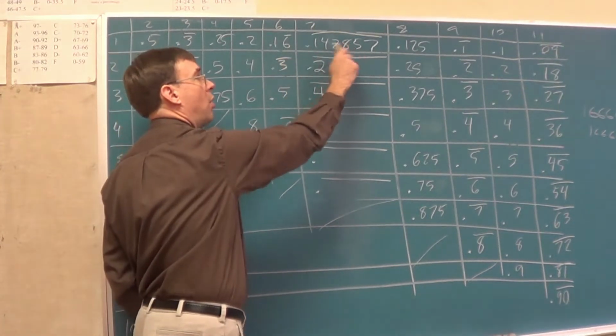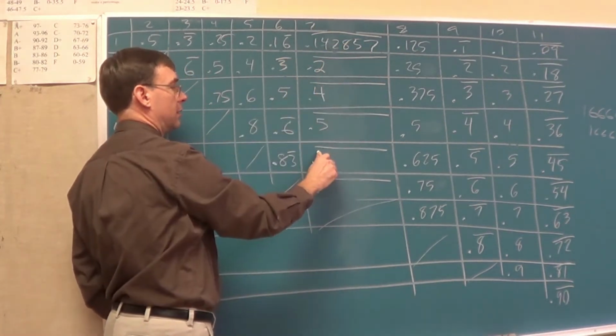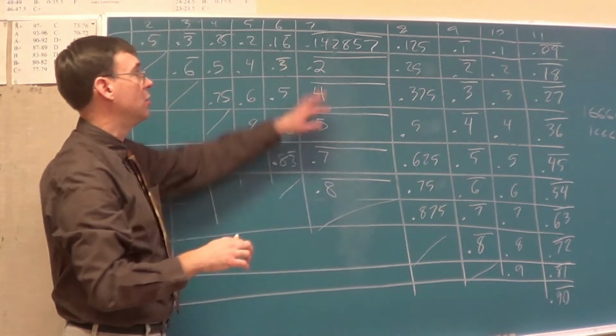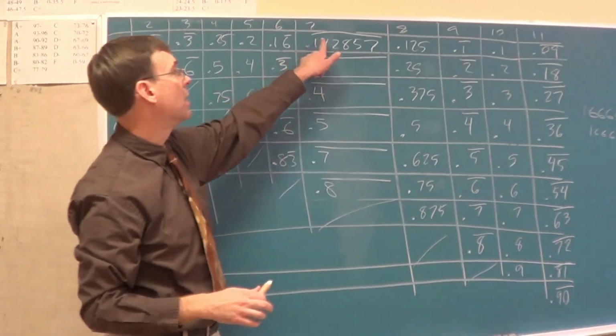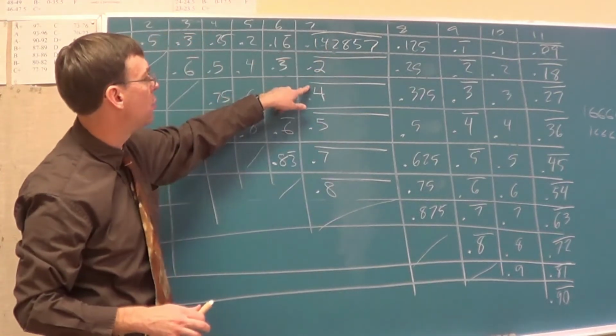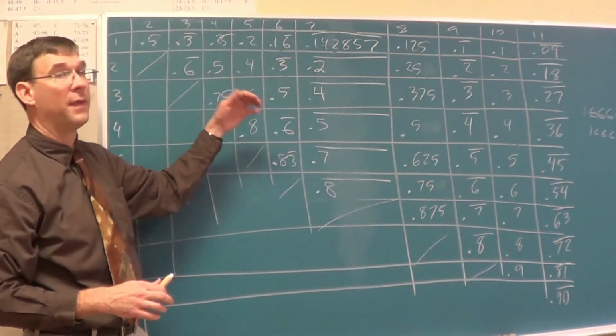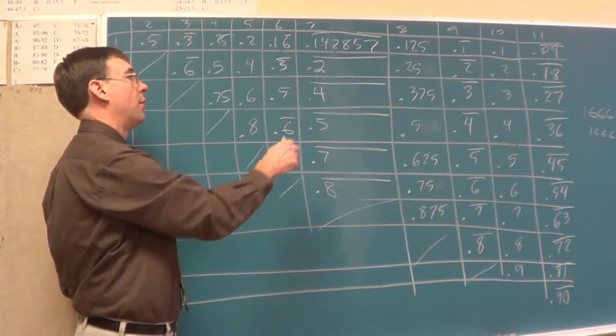No, 6 is not part of this pattern. 7 is used. 8 is used. 9 is not a part of this game. We're going to use these numbers to figure out who we need to start with so that they can get bigger as we go down. But then the pattern's going to be the same order.